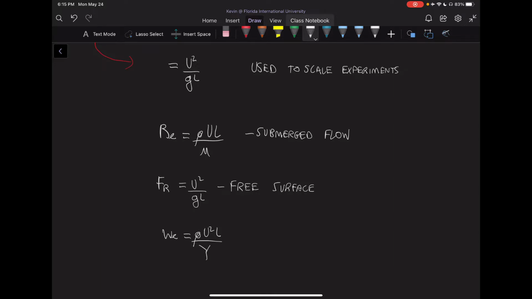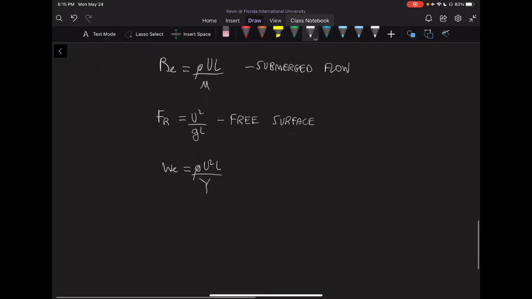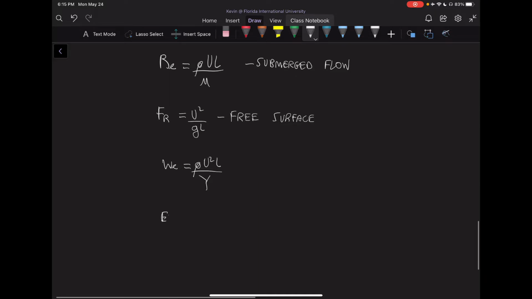We also have the Euler number, which we haven't really talked about and is not really used much because it's only used in case of vapor formation, whenever you have vapor formation within a flow. I'll still write it down just so you have it.